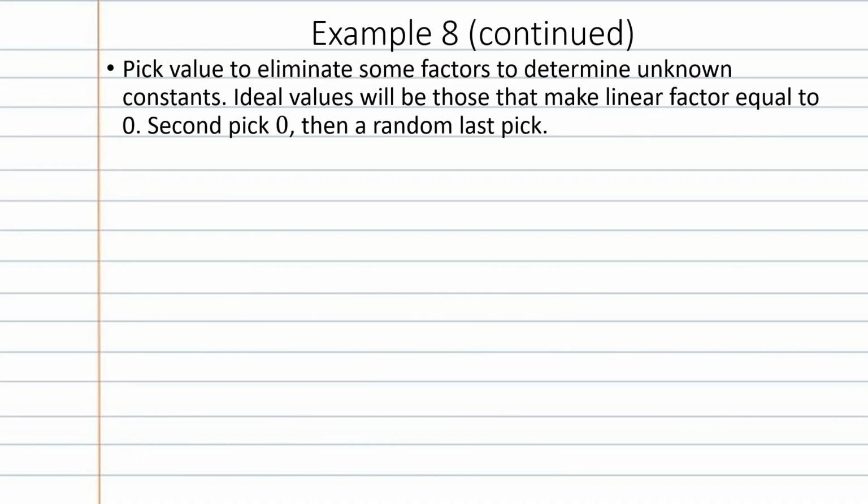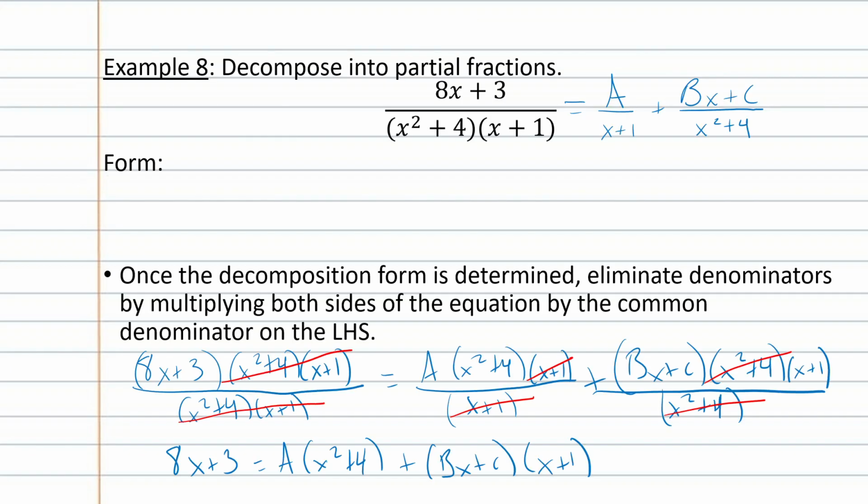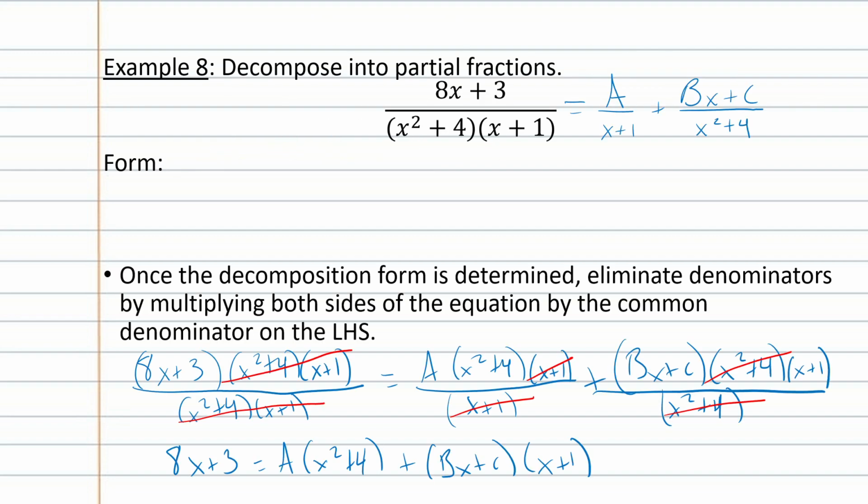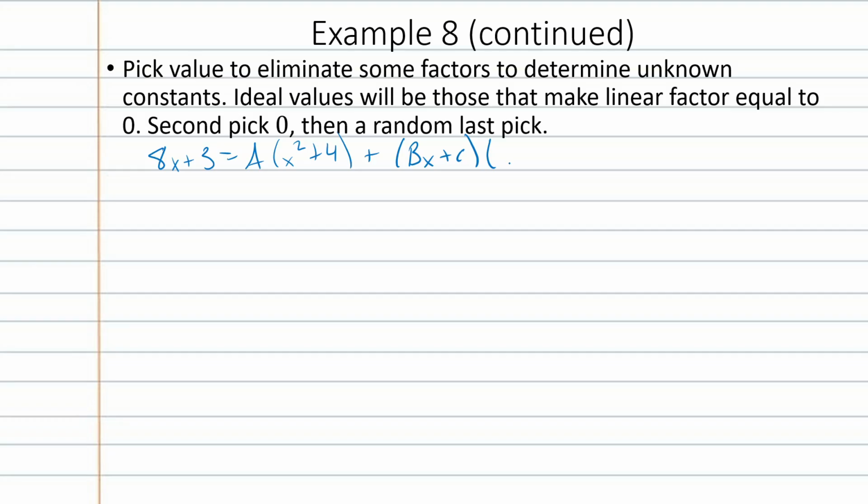Okay. So I'm going to rewrite what we just wrote here on the new slide. 8x plus 3 equals A times x squared plus 4 plus Bx plus C times x plus 1.